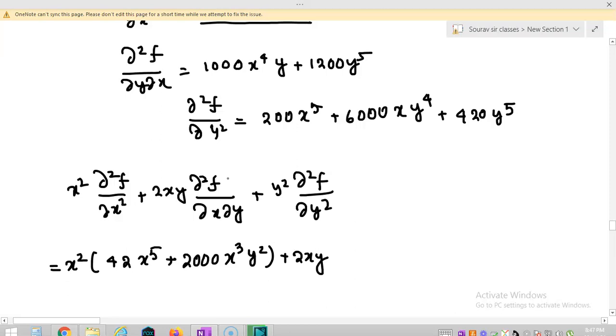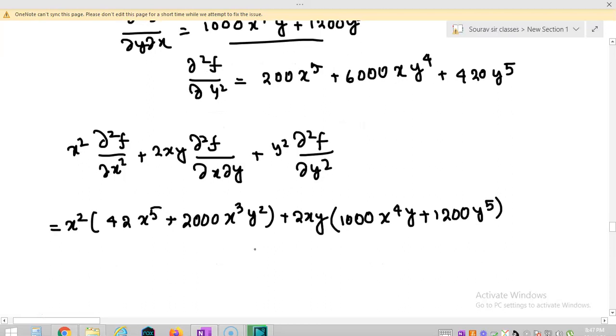Then I need to find the value of del 2f del x del y. The value of del 2f del x del y is this, so it will be 1000 x to the power 4 y plus 1200 y to the power 5, right?